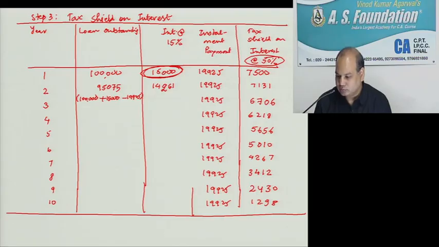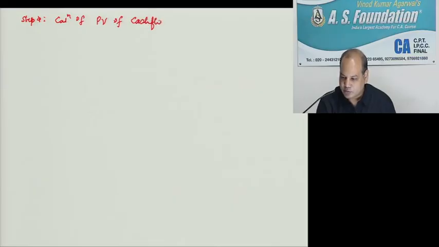Now, step 4, write down calculation of present value of cash flows under purchase option.